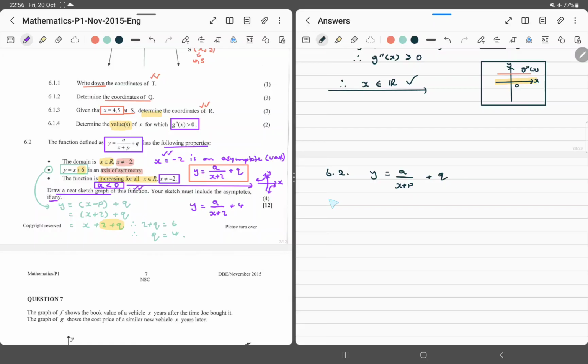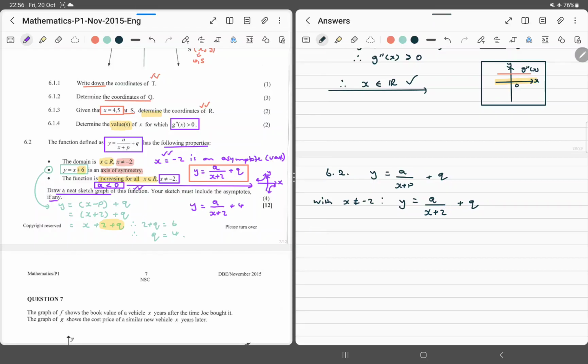Now, with x not equal to minus 2, y is a over x plus 2, plus q. This is what this means, because we've got an asymptote at x equals minus 2, so it must be plus 2 inside.